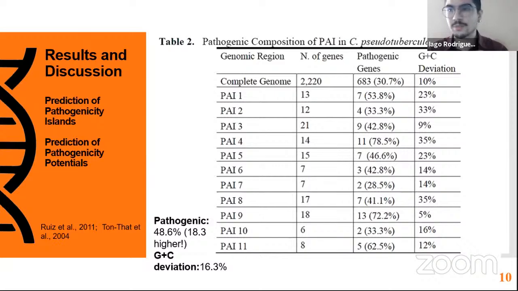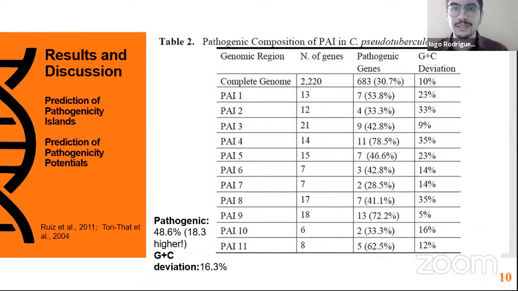So to predict proteins as pathogenic in silico, we used those which had an agreement between the two employments, SVM and HMM. So we performed similar analysis looking for the composition of the specific loci predicted as PIs.